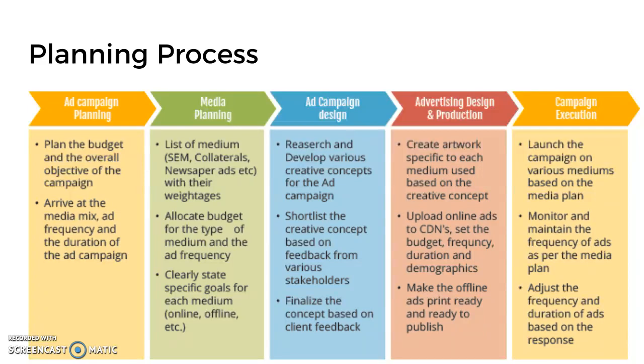You'll need to come up with the concepts for your campaign that you will share with your peers and your tutors in week 6. After you have selected your creative idea, you're going to need to create the artwork specific to each medium based on your creative concepts in order to include them in your project.